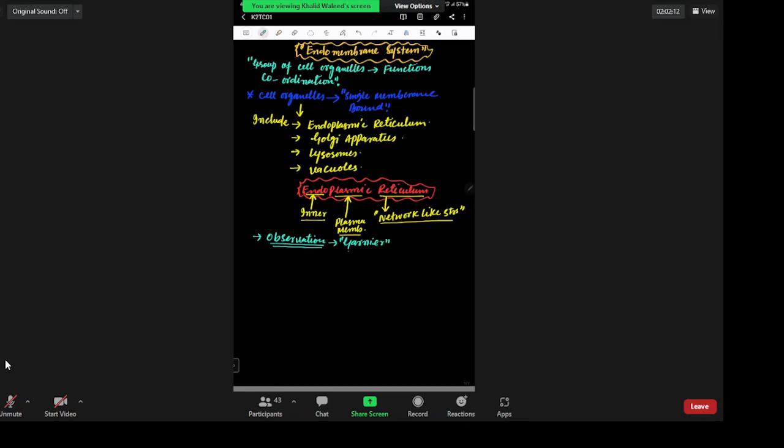Mane, Garnier first of all observed these network-like structures inner to the plasma membrane of eukaryotic cells, that is in the cytoplasm. Garnier, for these network-like structures, used the term ergastoplasm.